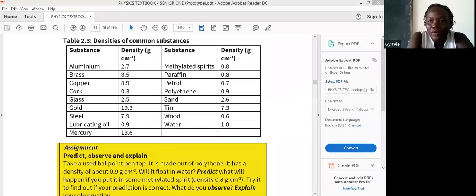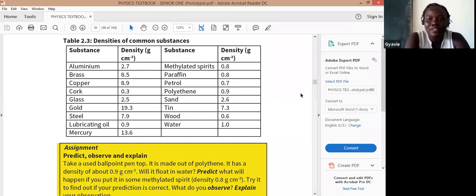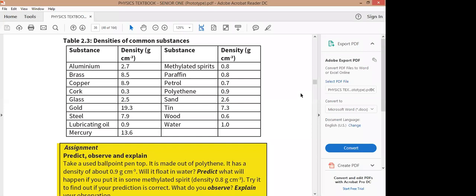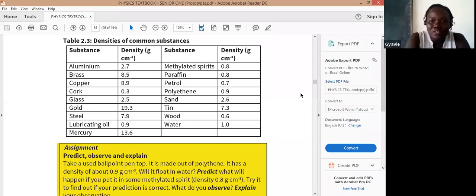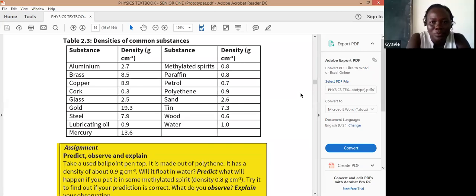Like Crown told us, last time you went as far as comparing the densities of water, stone, and wood. You found out that that which has a density less than water will float, and that which has a density greater than water sinks. This is just a table of densities of common substances.